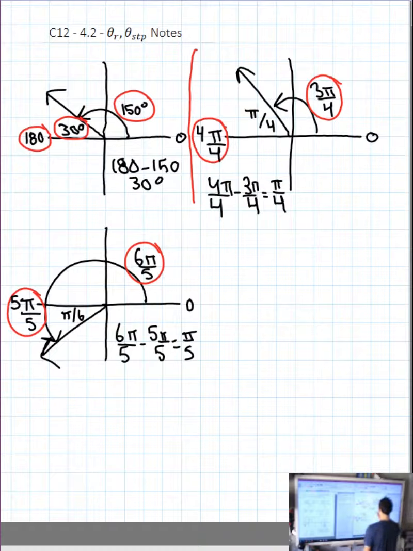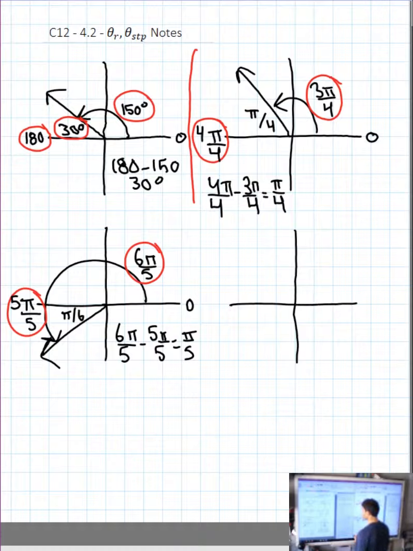Now, what if they gave us a decimal? Well, we're not very comfortable with radians already, but let's just try. So let's say they give us 5.64. Well, we're going to mark 0 and we're going to mark pi, but this time we're doing decimals, so we're going to change pi to be a decimal 3.14.